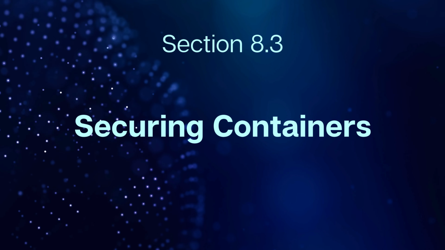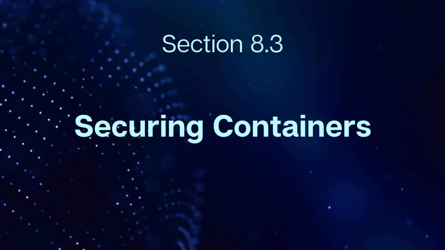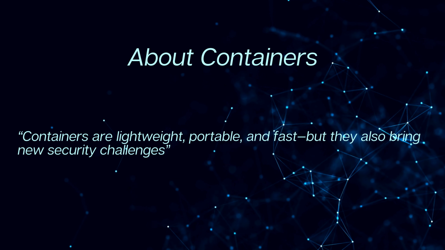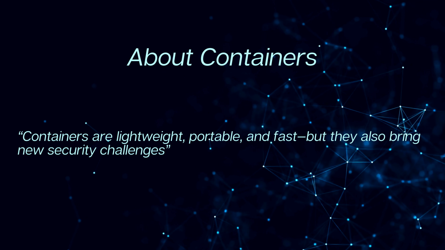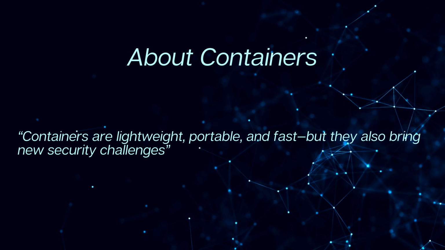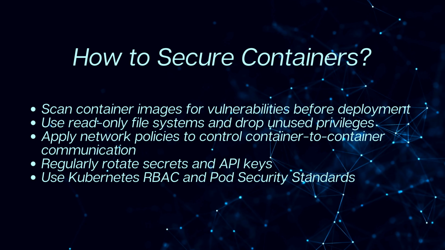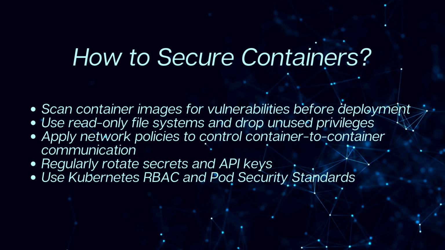In the next section 8.3, we are going to dive into the topic Securing Containers. Containers are lightweight, portable, and fast, but they also bring new security challenges. Here is how to secure them. Scan container images for vulnerabilities before deployment.